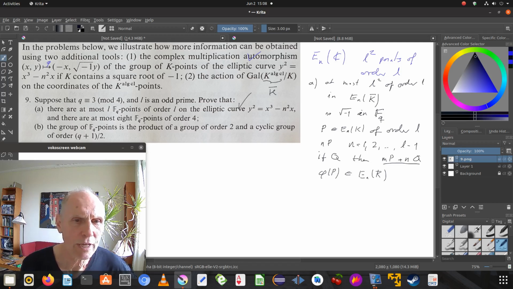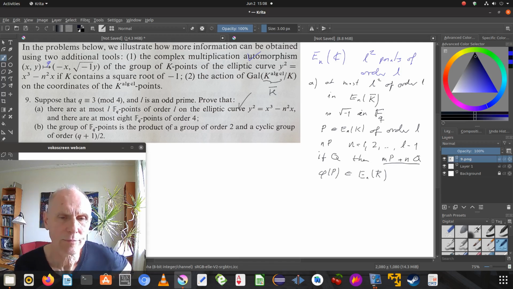Next, there are at most 8 points of order 4. We have, of course, the 4 points of order 2, so there are 12 left. I guess the same argument holds for points of order 4.